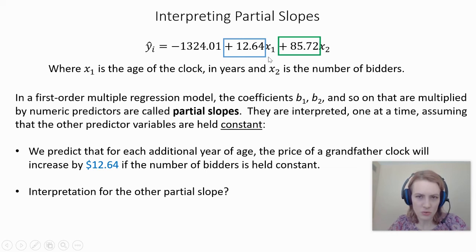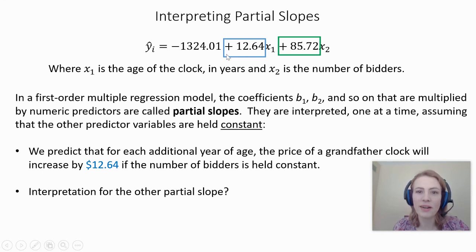So in this first order model, we call these the partial slopes: B1 in the blue box and B2 in the green box. If we had more predictors, we could have a B3, B4, etc. These can be interpreted just like slope in simple linear regression, except we have to add the caveat that we're holding the other predictors constant.